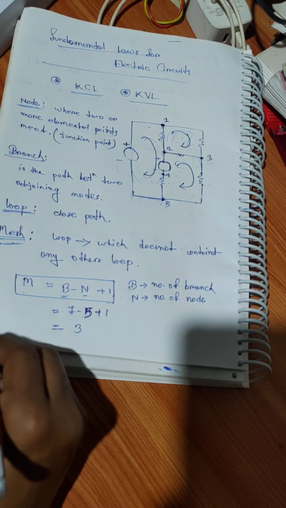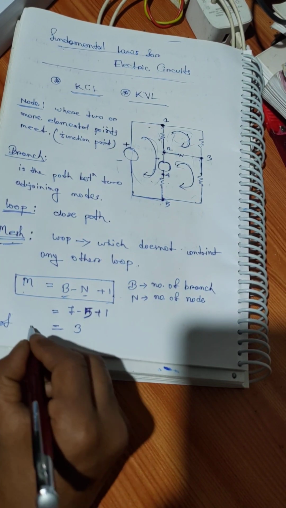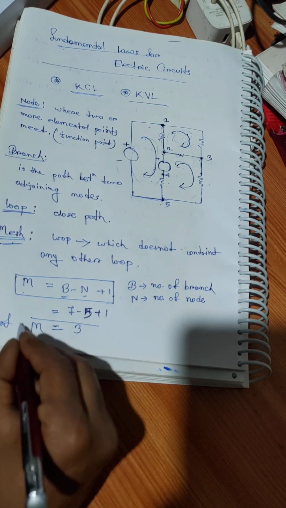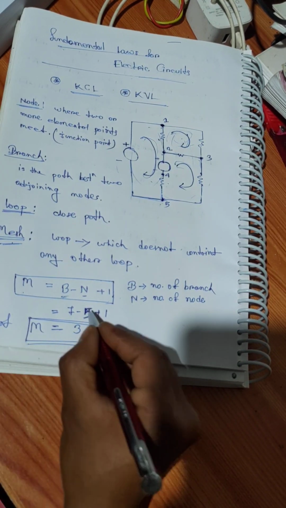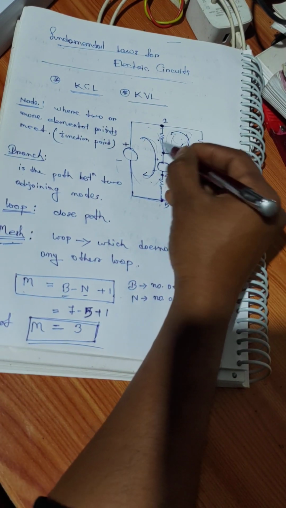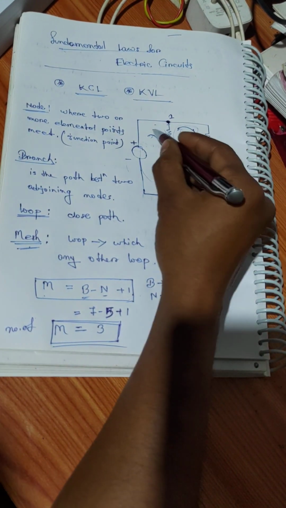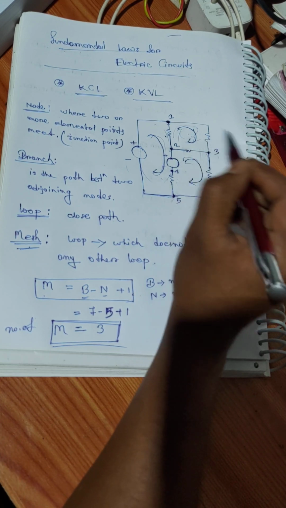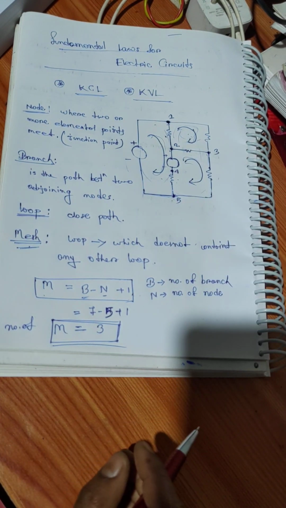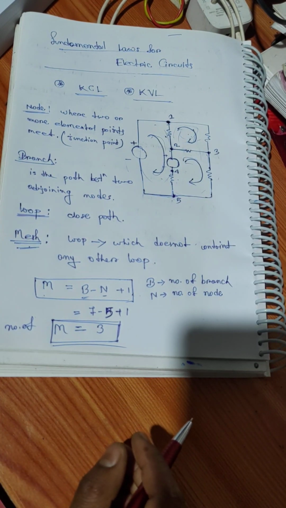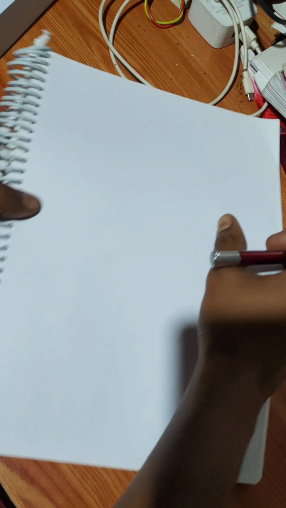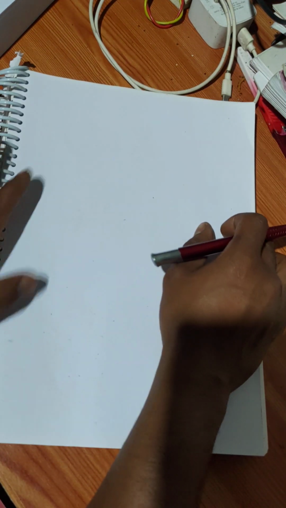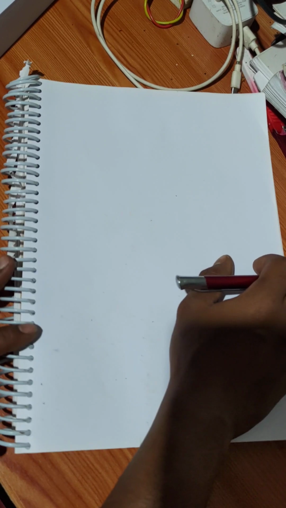So the number of meshes present in this circuit, we calculate by this equation, is 3. And we can see here 1 mesh, 2 mesh, 3 mesh. I think up to this it's clear for you guys. These are the very basic things in electrical circuits. You must know these things.